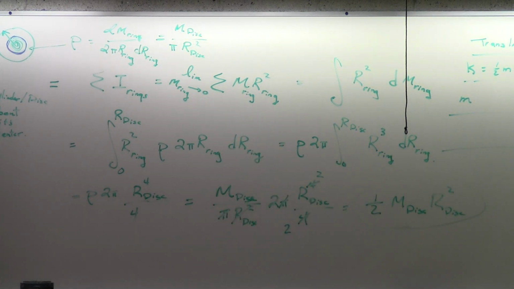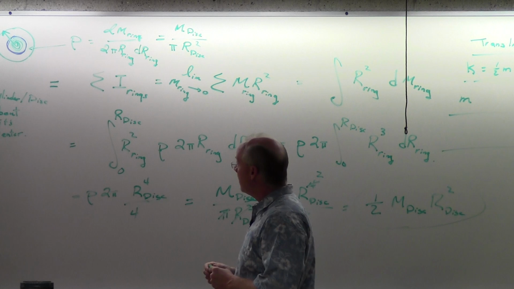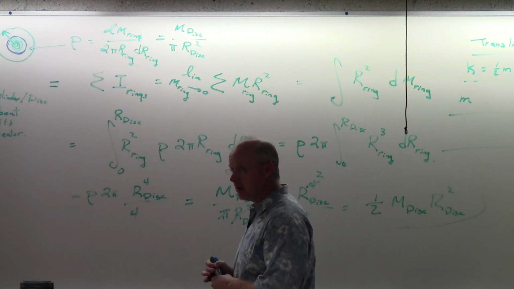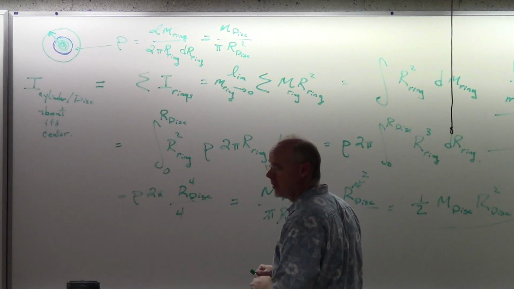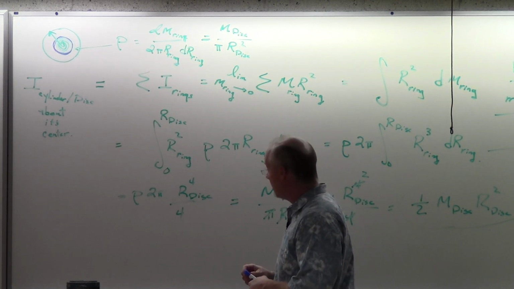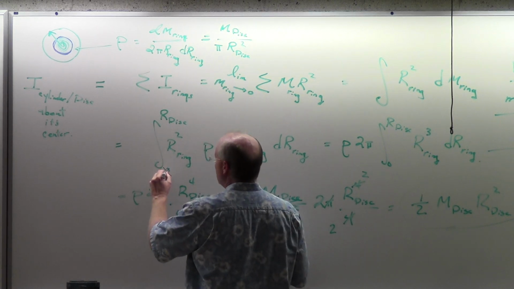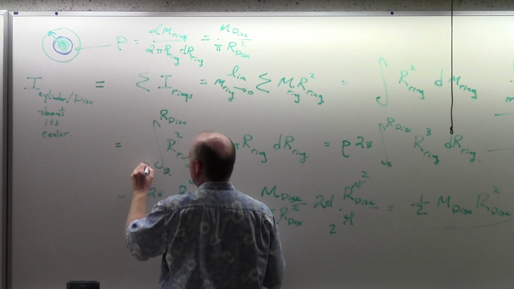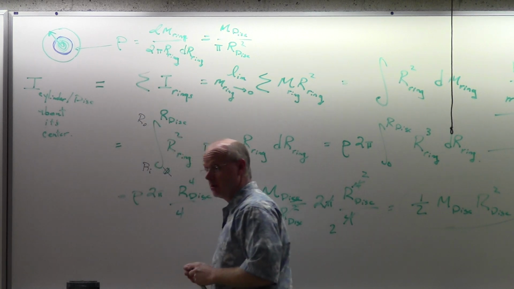Why do you have to do the inner radius minus the outer radius? I'm not sure I follow that. The bound, then, start at 0. Yeah, right. So the difference would be you would have something that starts at, I'll call it inner radius, and you'd go to outer radius.